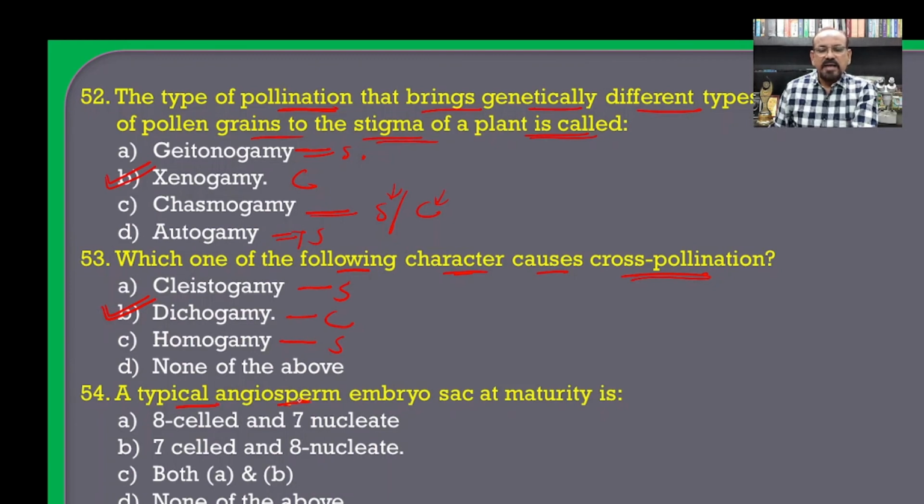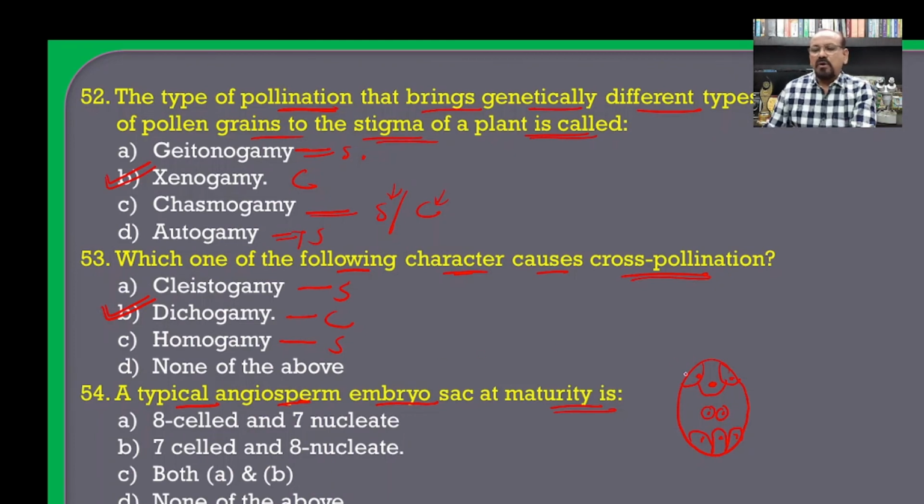A typical angiosperm embryo sac at maturity is, earlier in 12th class also you might have studied this one, that the embryo sac contains the 2 synergids, then 1 egg in between it, that is the 3 cells, then 3 cells to the lower side, that is the chalazal end, antipodals, and the 2 central nuclei.